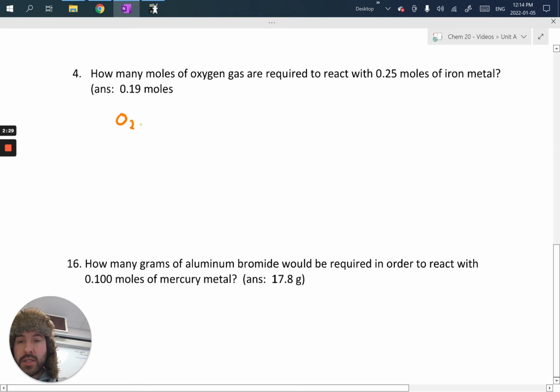Let's take some oxygen gas, let's react it with some iron metal, and we are going to produce here an ionic compound, right? We have a non-metal and a metal. So we got to look at the ionic charges to determine that. Oxygen is a 2 negative. Iron is a multivalent element, so it has 2 charges.